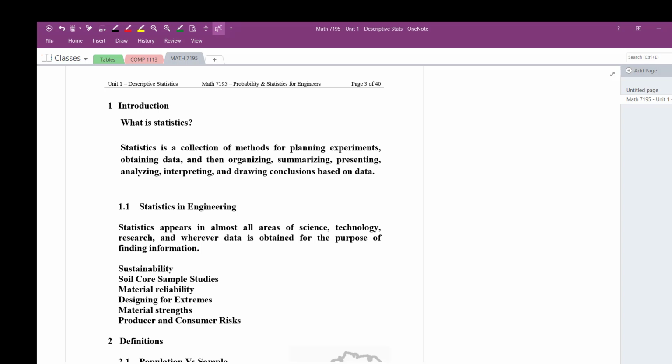A lot of math students don't exactly love statistics because we don't always have concrete answers. When you're taking calculus and differential equations, you get your nice solid answer and you circle it and that is the answer. You check the back of the book and you know if you're right or not.